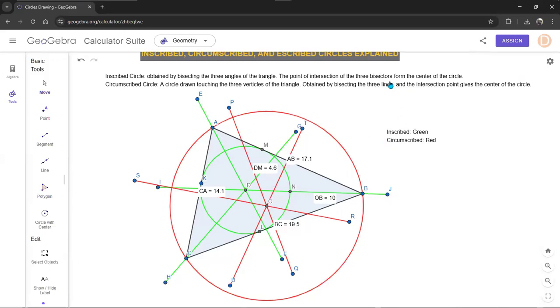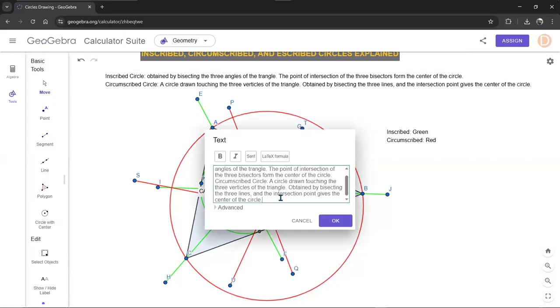So now we can go to the third one, which is the ascribed circle. Now this is a little bit complex, so it needs your attention, but the moment you master it, it becomes easier. So I will explain it in the simplest terms possible so that it can be easier for everyone to understand.